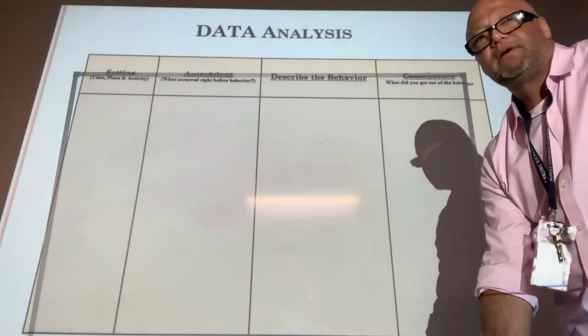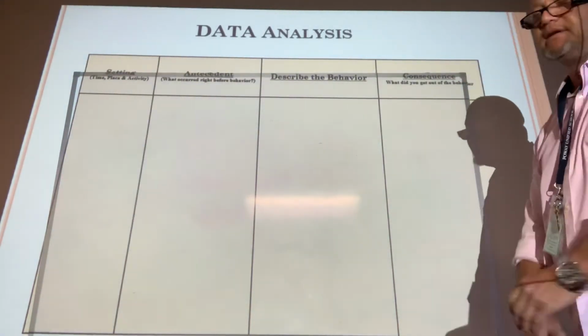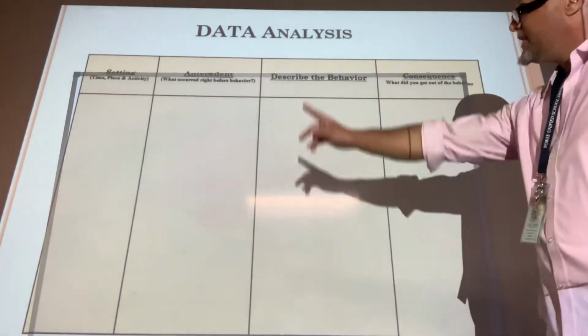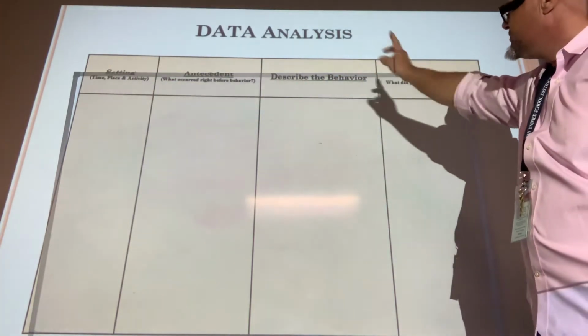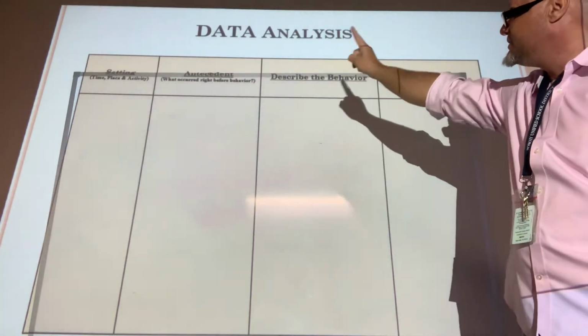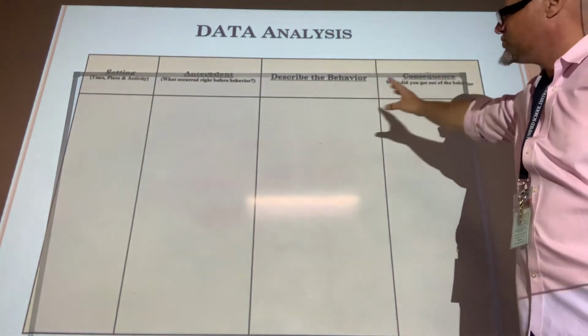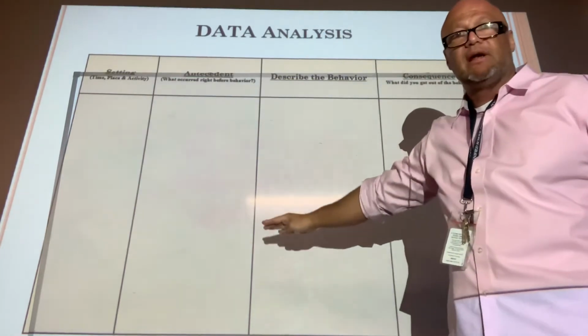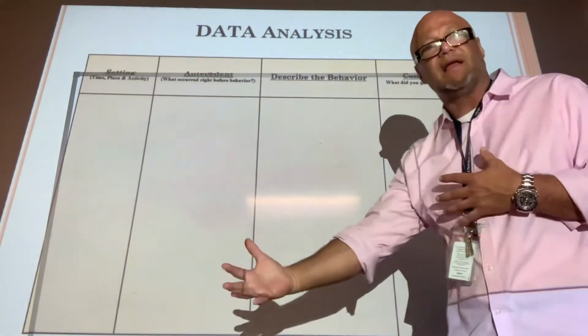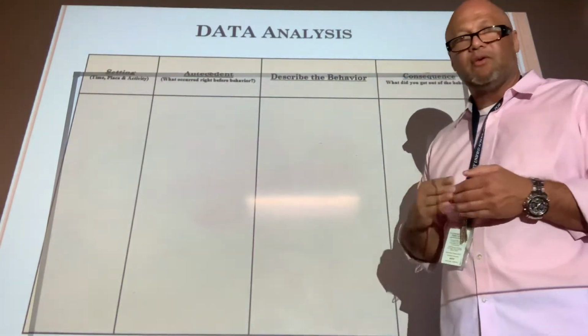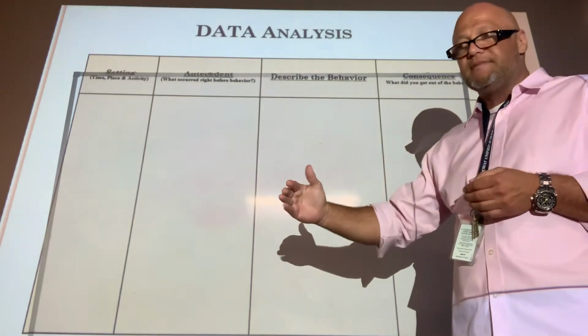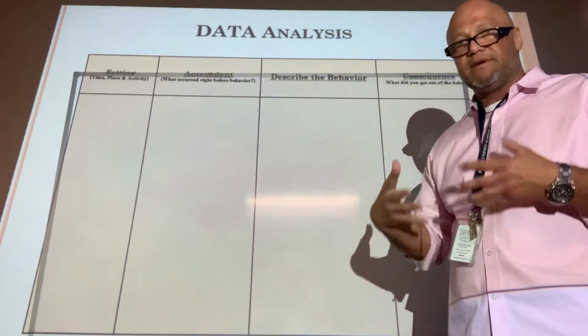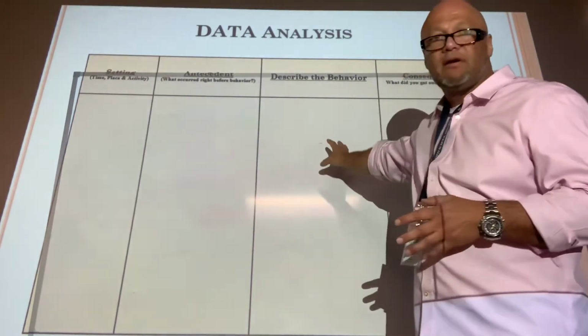So as we look at analyzing data, we have our SABCs, remember: setting, antecedent, behavior, consequences, as you break down events. What this can look like is sitting with a client and the client remembering scenarios where this problem behavior occurred.